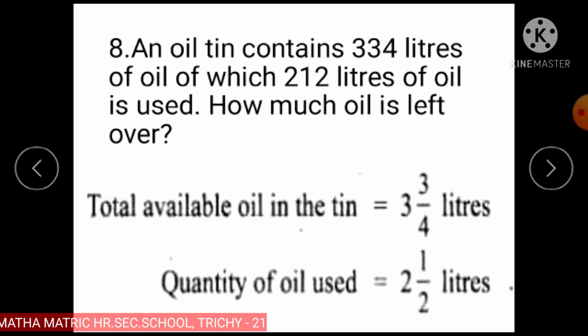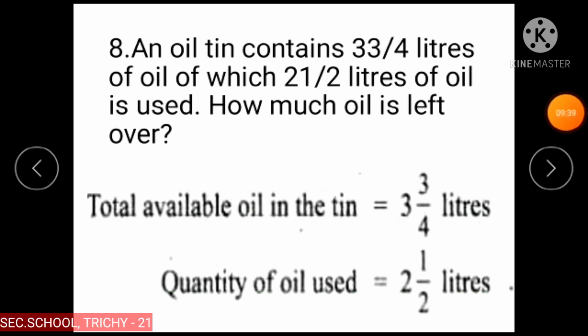Question number 8. An oil tin contains 3 by 4 liters of oil, of which 1 by 2 liters of oil is used. How much oil is left over? Total available oil in the tin equal to 3 by 4 liters.